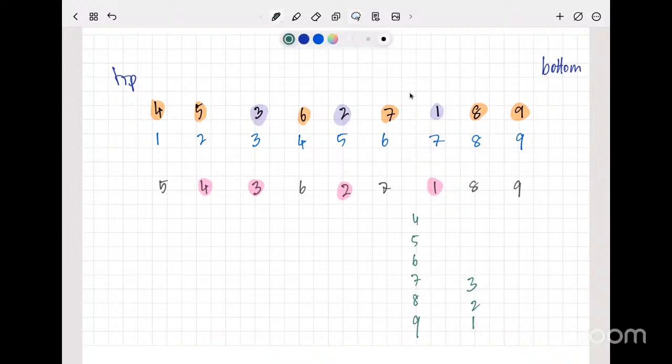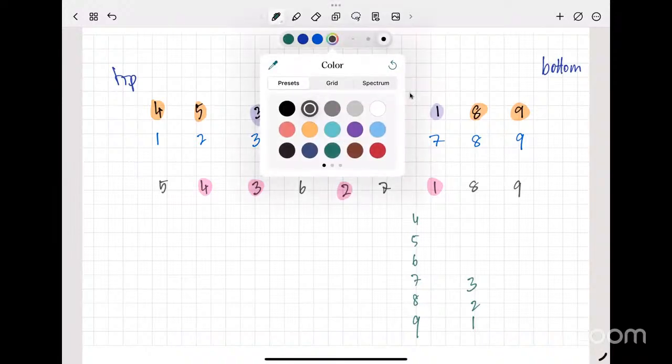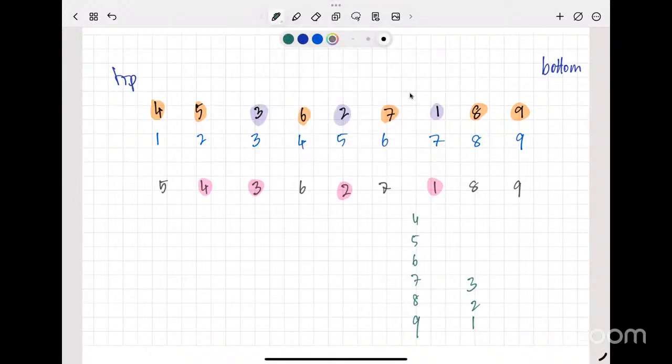So if I start off with 1 and we follow along 2, 3, and 4, that's increasing as you go to the left. And this is decreasing starting from 9, 8, 7, 6, 5, and 4.